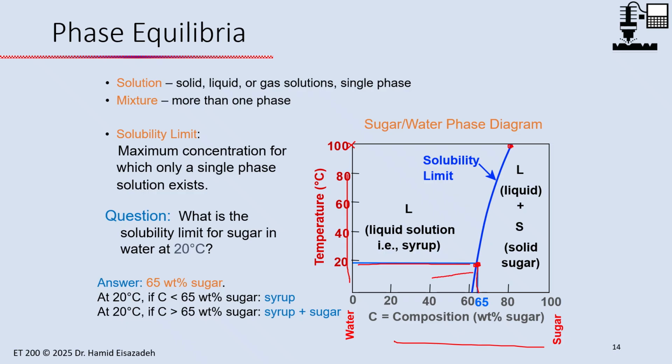If you go this way, you have syrup, sugar, and the mixture of sugar and water. But the interesting point is here, if you go the other way, if you have a composition like this, you will have liquid. Liquid is going to be the syrup, and the solid sugar, which is settled on the bottom of the beaker.